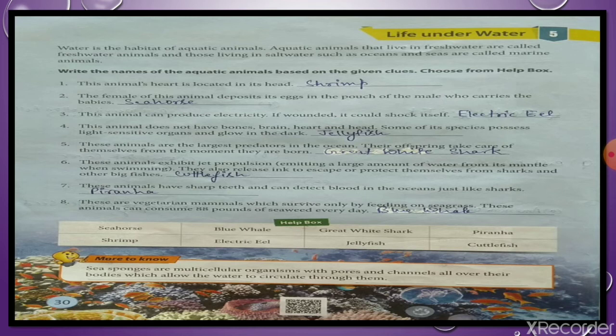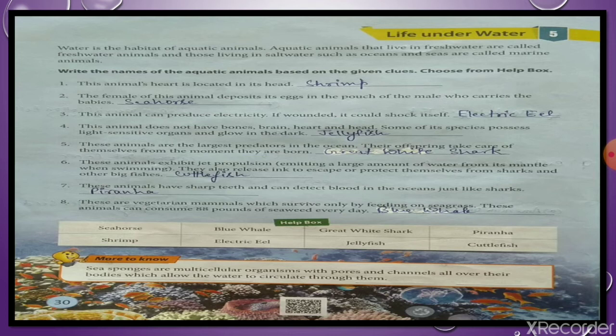Now, the fourth one is this animal does not have bones, brain, heart, and head. Some of its species possess light sensitive organs and glow in the dark. So, this is jellyfish. Fifth one, these animals are the largest predator in the oceans. Their offspring take care of themselves from the moment they are born, and they are great white shark.